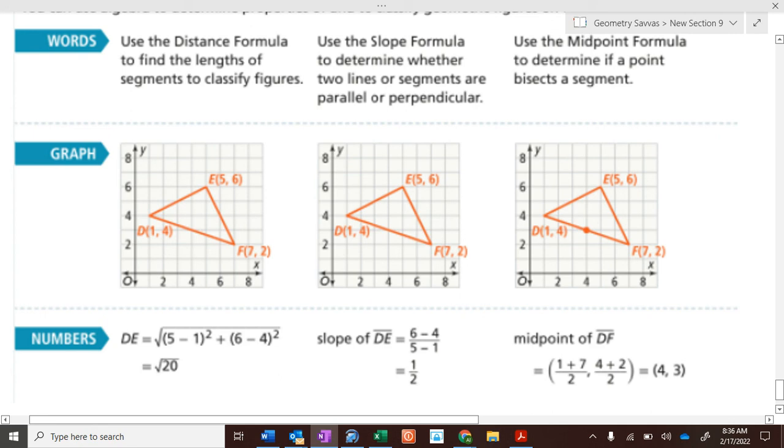And the midpoint formula to find a point that bisects. Okay? So you'll be doing these things in this section, just looking at shapes and figuring out various things about shapes. Nothing too hard. Most of it is finding distances. And when it's laid out on a grid like that, it makes life really easy to find distances.